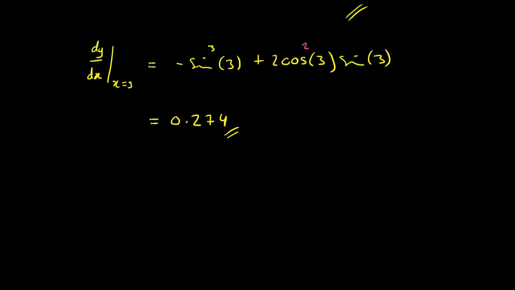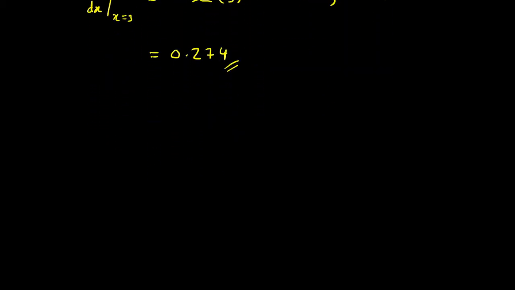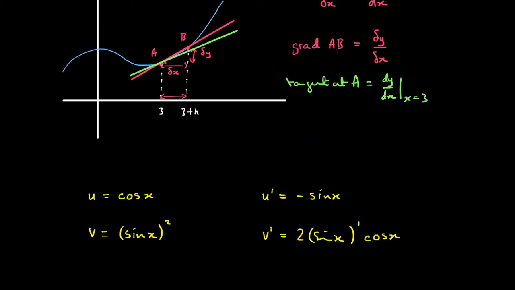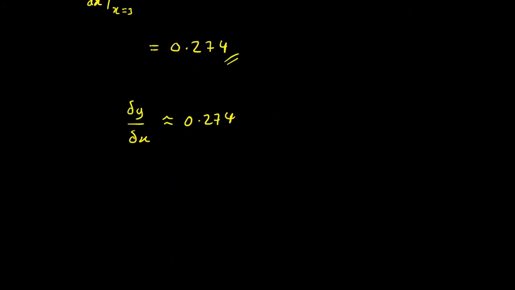Now, what did we say? We said that delta y over delta x is approximately equal to dy dx when x is equal to 3, so that's equal to 0.274. Well, in this question, what is our delta x? What is our small increase in x? It's h, isn't it, right? H is the small increase in x. So I can replace the delta x with h, like that.